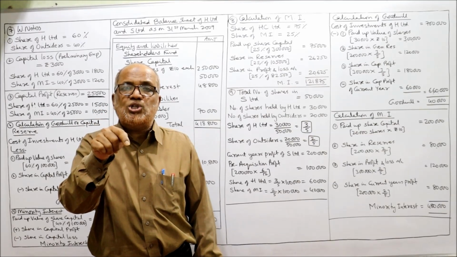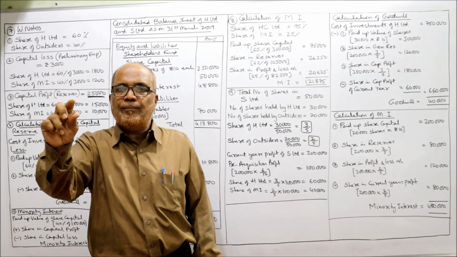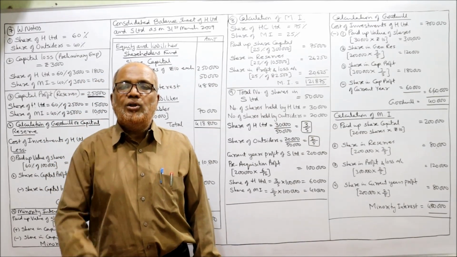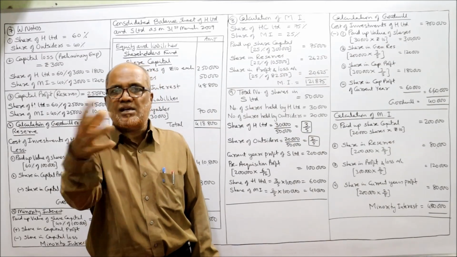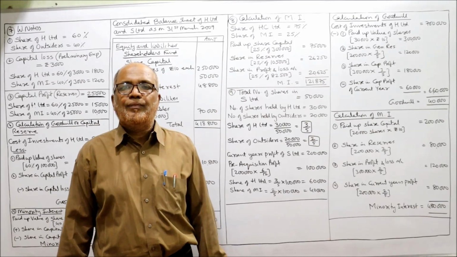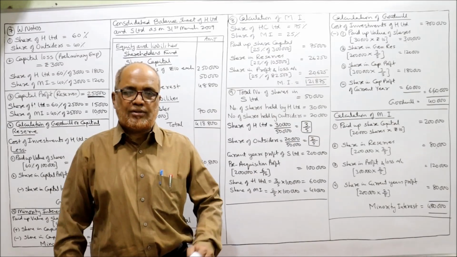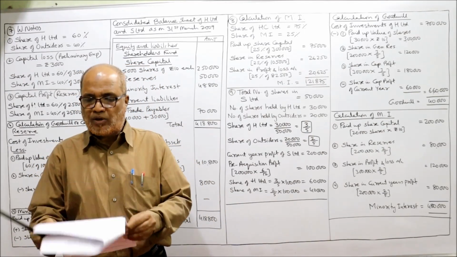Remaining 20,000 shares are held by outsiders. The proportion will be 30,000 by 50,000, 3 by 5. So 3 by 5 is the proportion of holding company in subsidiary company. And 20,000 by 50,000, 2 by 5, is the proportion of outsider minority interest. They have purchased the 30,000 shares for rupees 7 lakh. This is the investment cost.